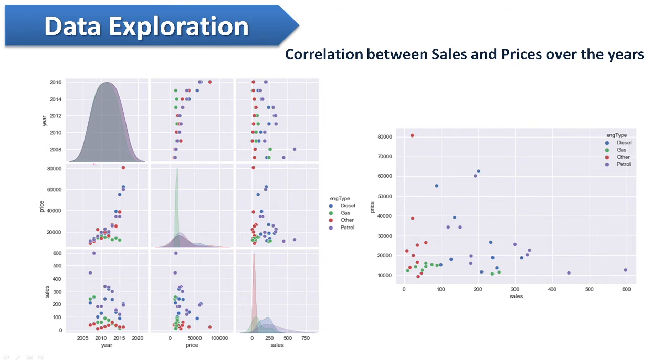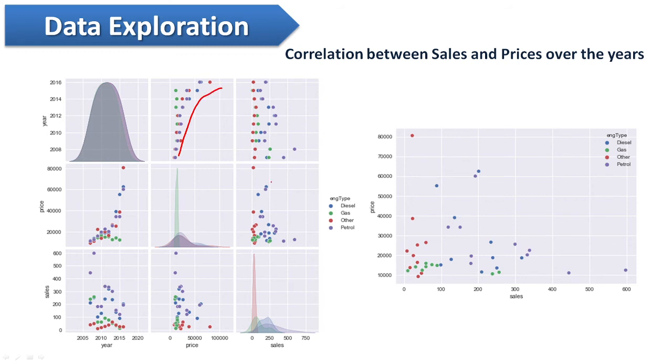This graph is a pair plot drawn between sales of the cars with respect to the price at which those cars are sold, and how these performed over a period of time. The prices of the cars are increasing over a period of time, which is expected.